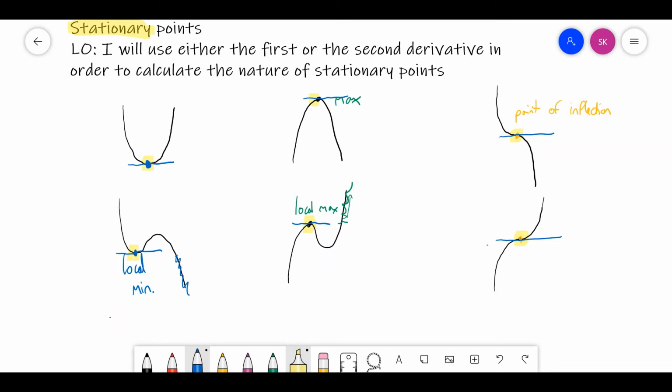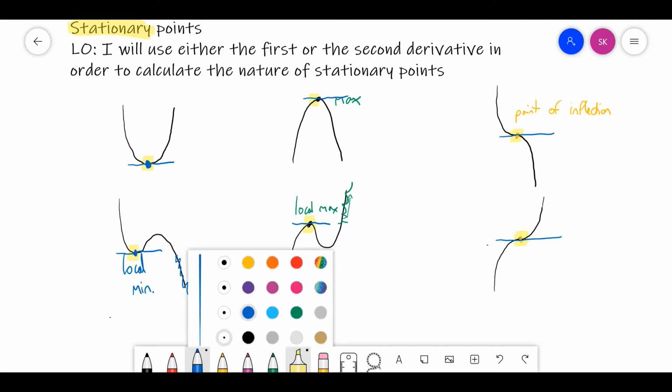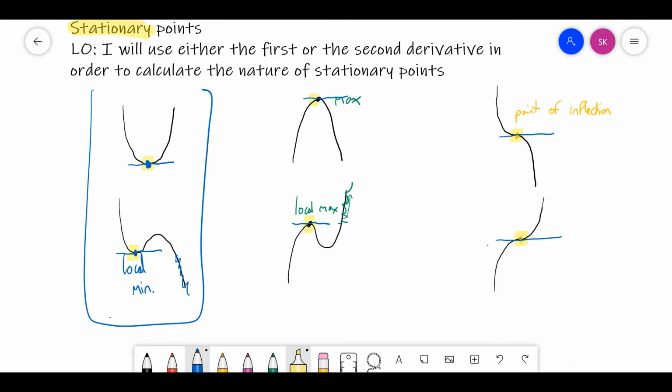So today's lesson is about using either the first or the second derivative in order to calculate the nature of stationary points. What we mean by the nature of stationary points is, is it a minimum or local minimum point?